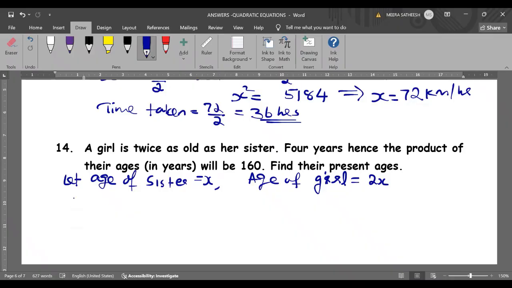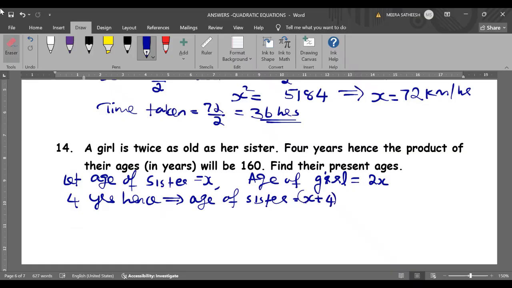Now, 4 years hence, age of sister will be x plus 4, right? And age of girl will be 2x plus 4.